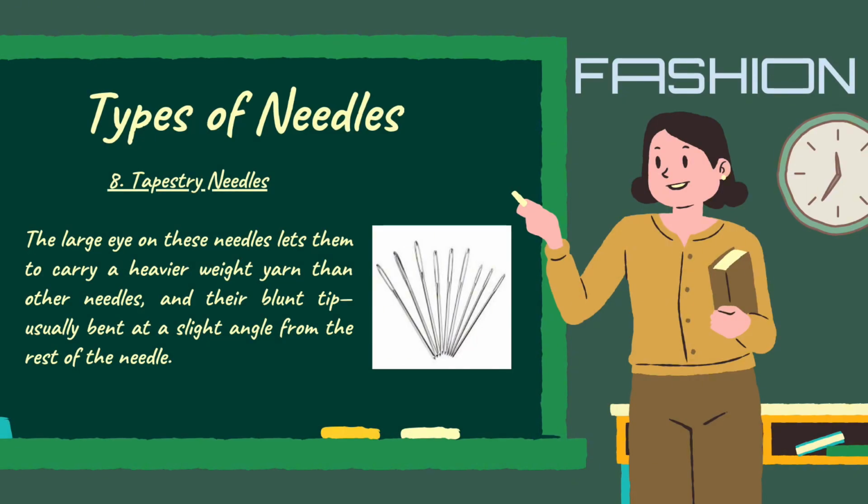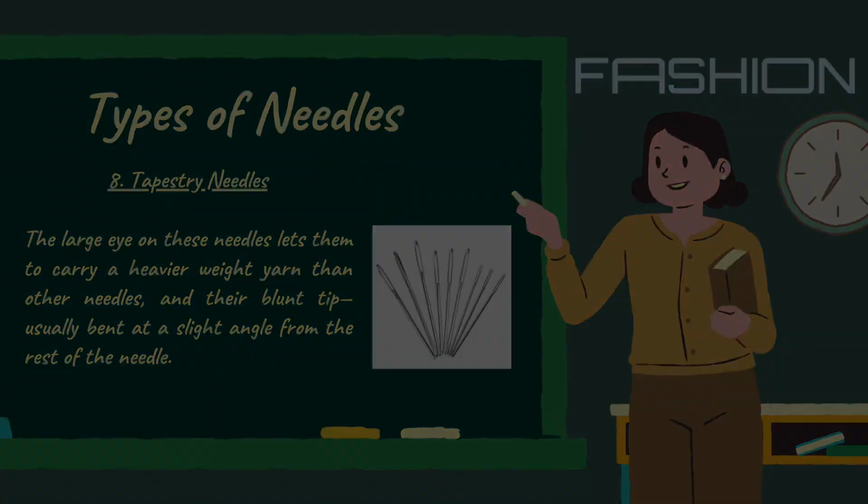Next is tapestry needles. The large eye on these needles lets them carry a heavier weight yarn than other needles, and their blunt tip is usually bent at a slight angle from the rest of the needle.